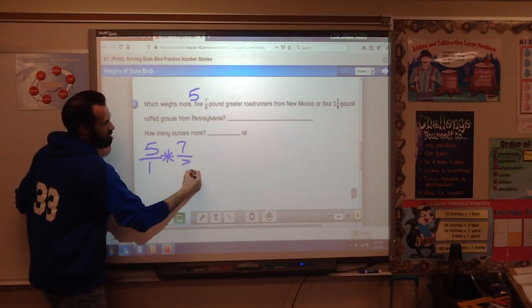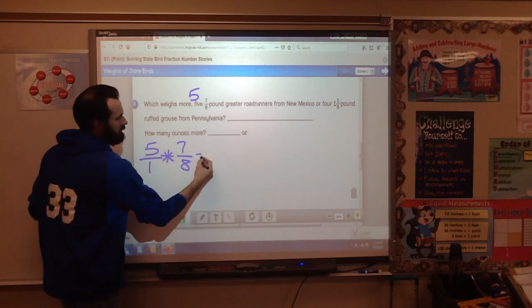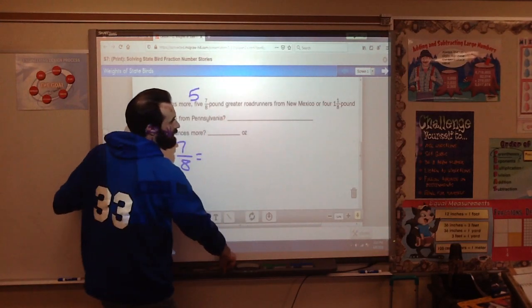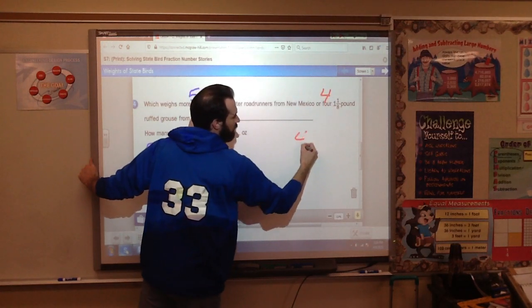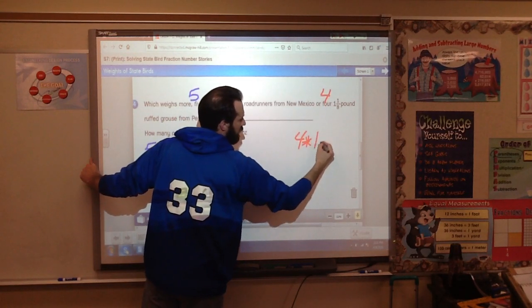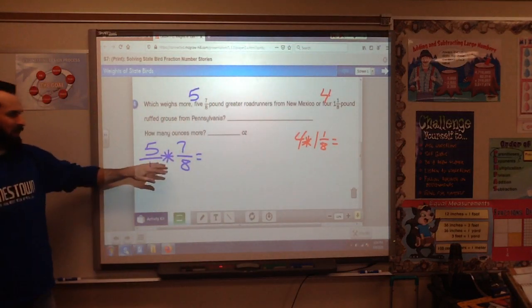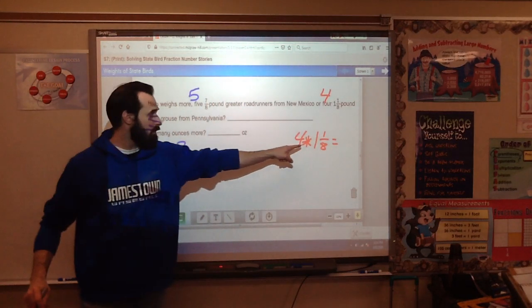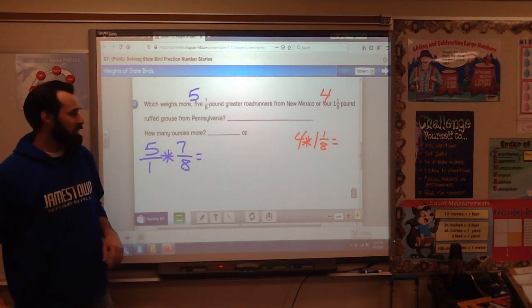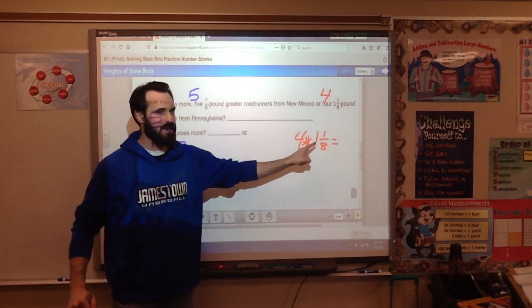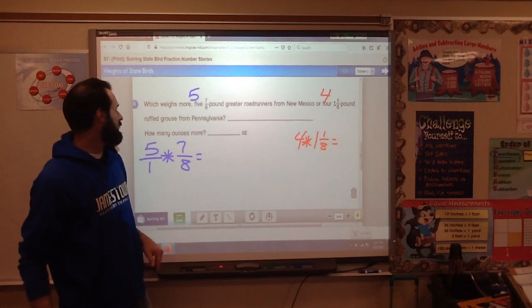times 7/8, and we've got over here 4 times 1 1/8. Now, this one I think you can do pretty easy, but what we should probably do here is make that back into an improper fraction.